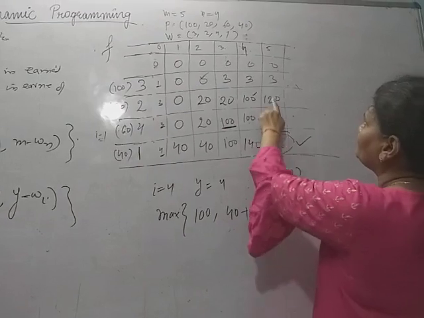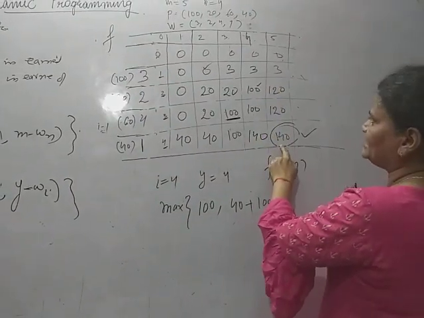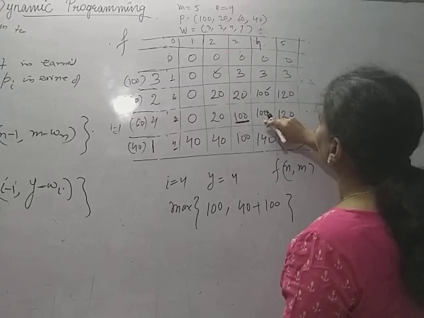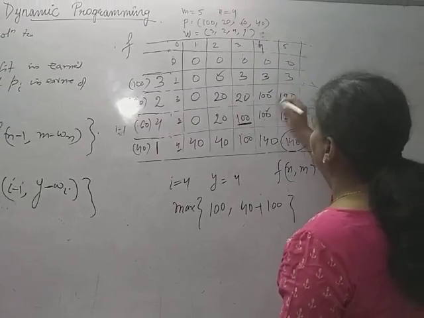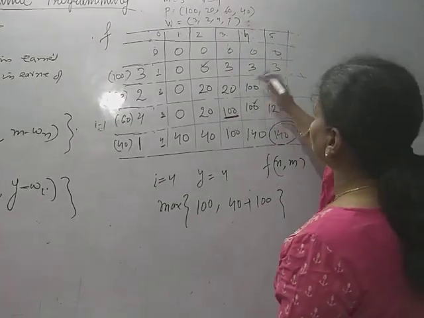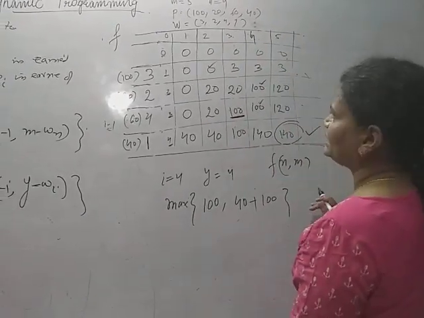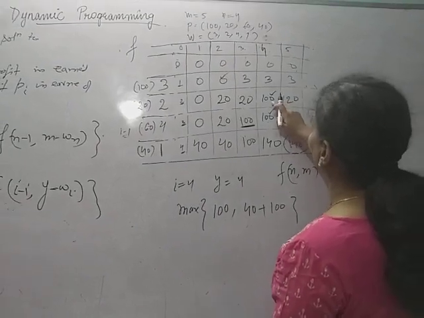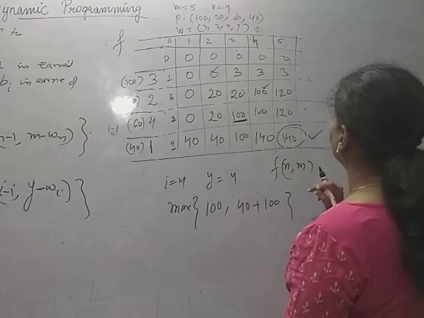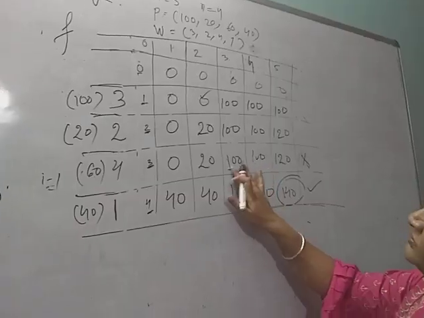Okay, so 5, and if this entry is not same, then 5 minus 1 is 4 in this entry. These two entries are same. Okay, so I will consider this entry, and this entry is same. So here something is wrong. This is not selected.